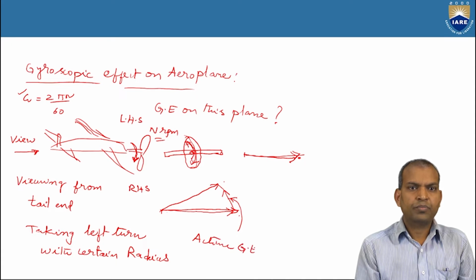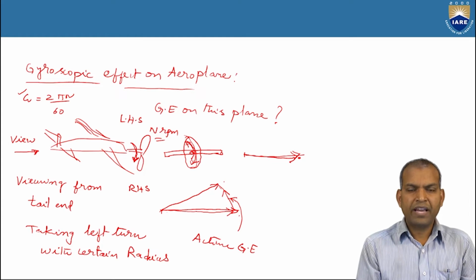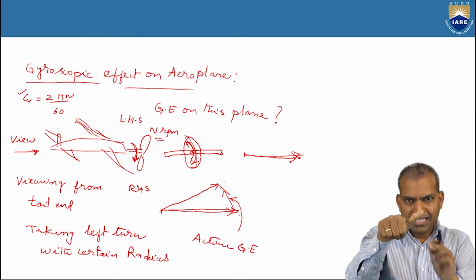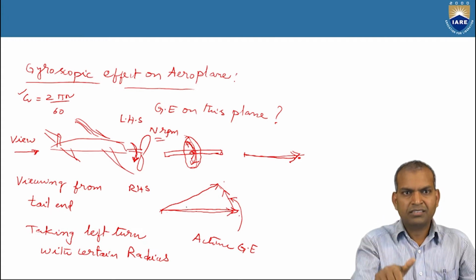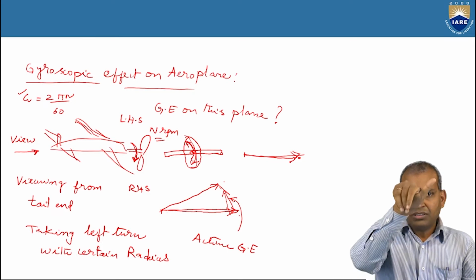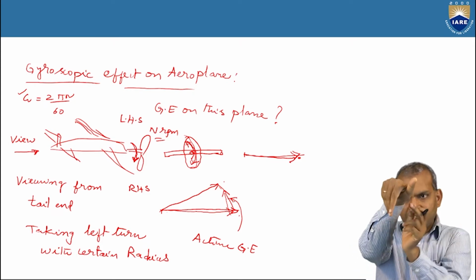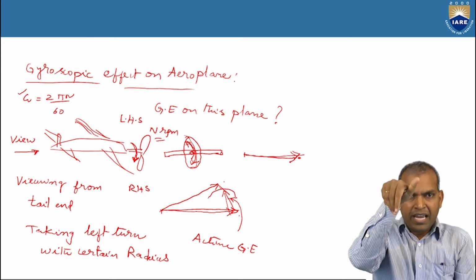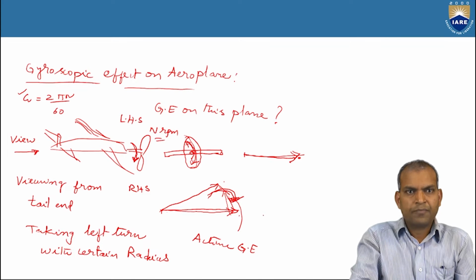What is the direction of the active gyroscopic effect? You keep your thumb in the direction of the vector. Now your forefinger indicates the active gyroscopic force. This is the active force.